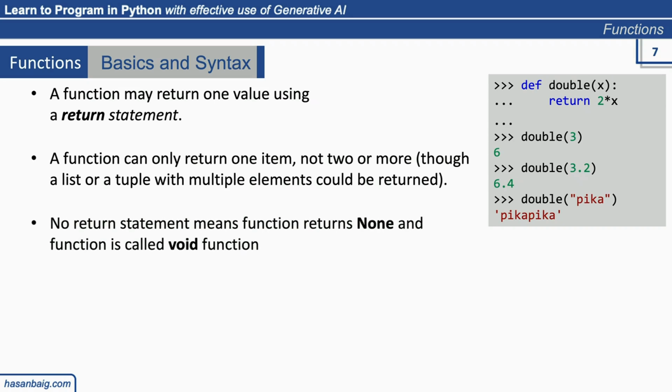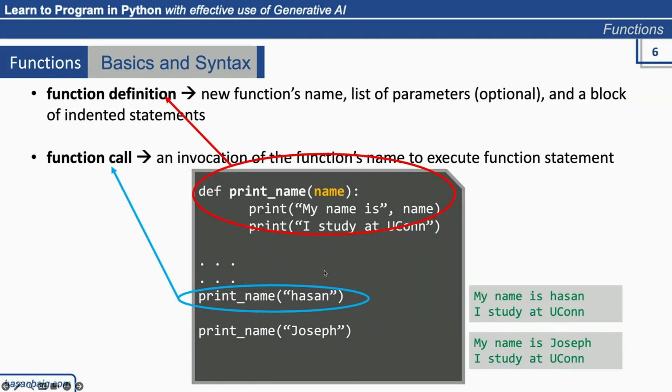So no return statement means it returns None. As I mentioned before, if you do not have any return statement, it does not mean it is not returning anything. It still returns, but it returns None. So if you call a function and enclose this entire thing in a print statement, you will see it will print None.